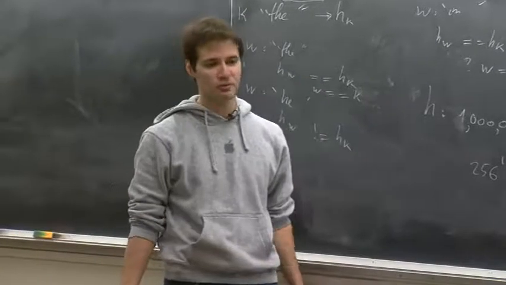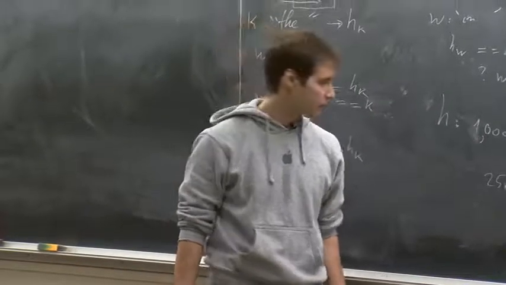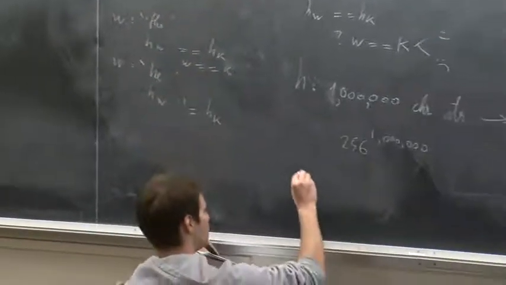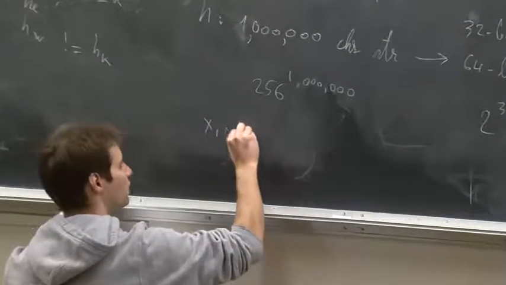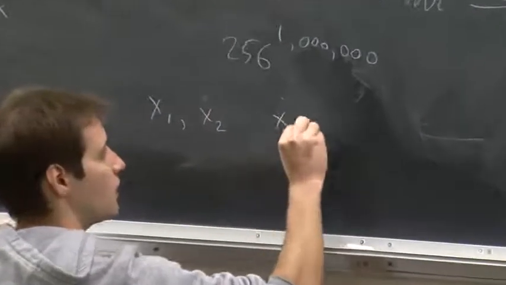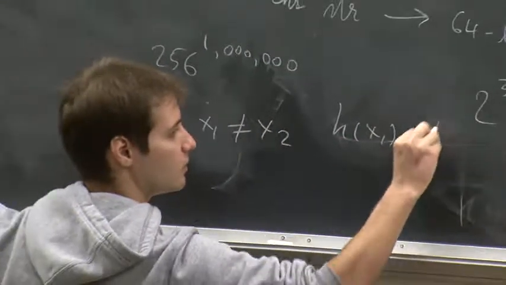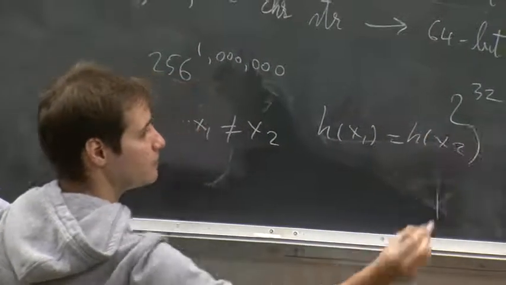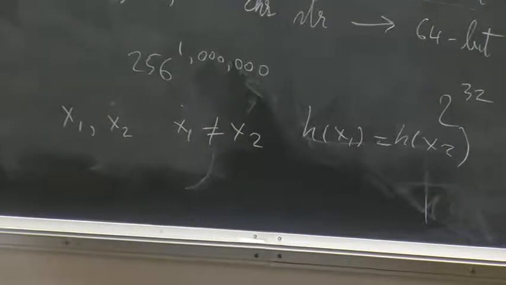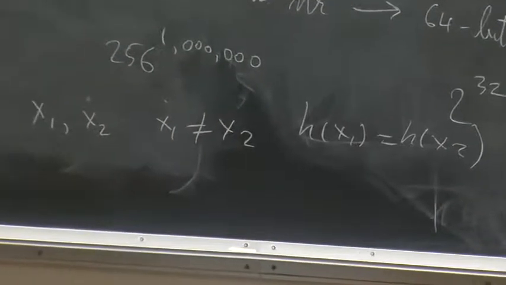So hash functions will always have collisions. A collision for a hash function is 2 inputs, x1, x2, so that x1 is not x2, but h of x1 equals h of x2. So this will always happen. There's no way around it.